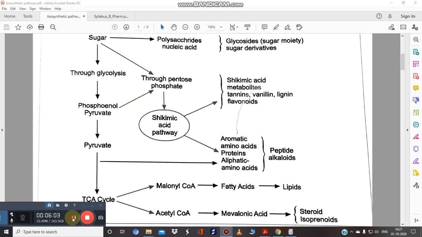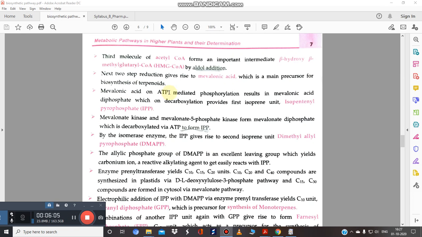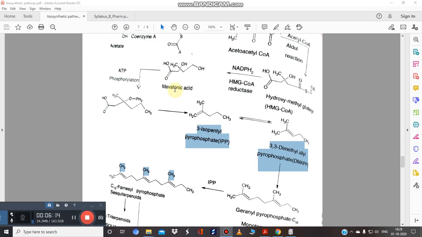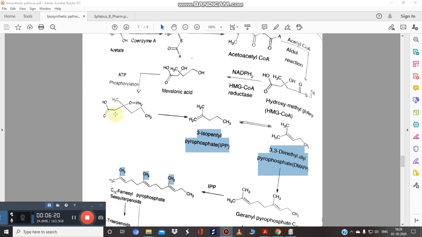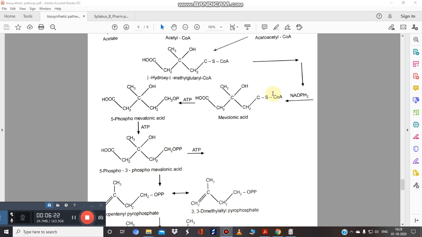So the mevalonic acid, on ATP-mediated phosphorylation, results in mevalonic acid diphosphate. Just see here, mevalonic acid will undergo ATP-mediated phosphorylation to form mevalonic acid diphosphate. See here, this is the mevalonic acid, CH2OH, and it will undergo this ATP-mediated phosphorylation.